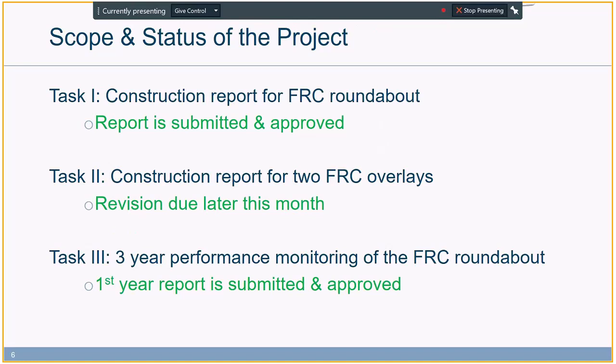This report is also submitted and it's under review. Actually, I'm working on the revision right now, which is going to be due later this month. But the third task was to have a 3-year monitoring of the performance of the FRC roundabout. The first year report was submitted and also approved, and this presentation is going to be mainly focused on this part.